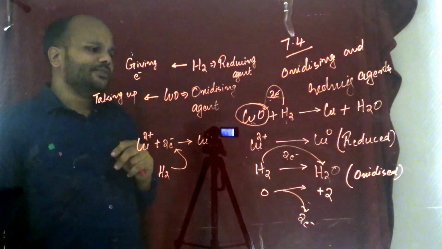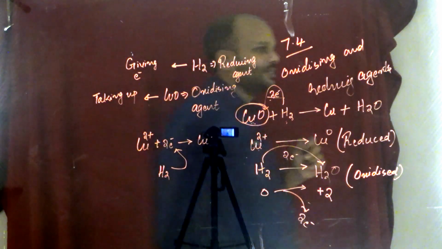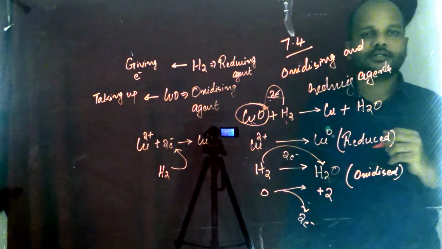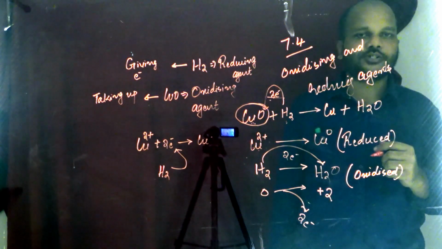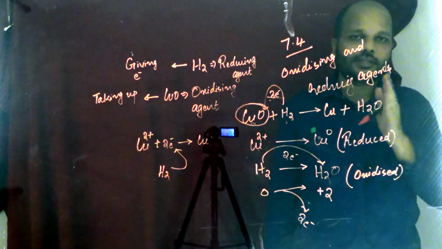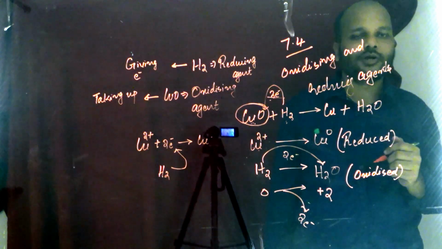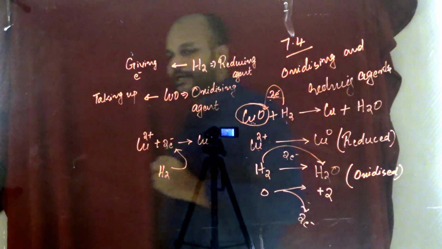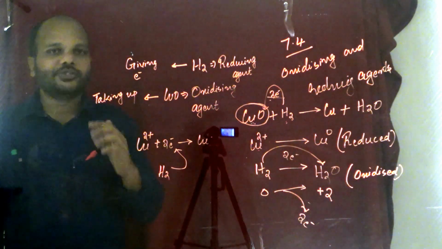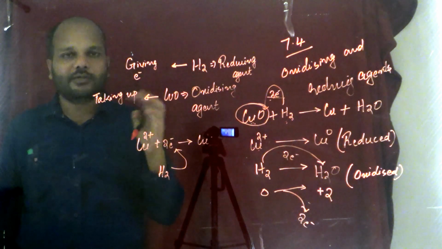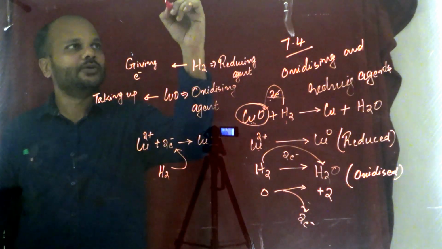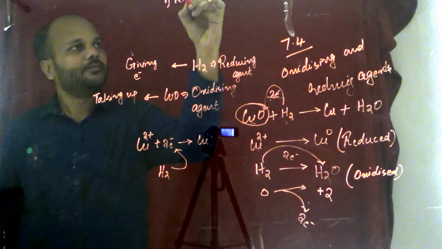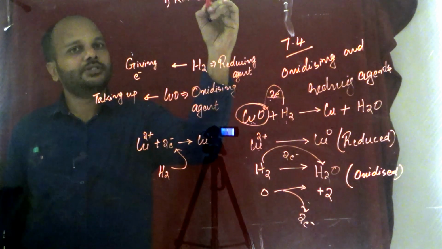These concepts of oxidizing agent and reducing agent help with many reactions in identifying whether a redox reaction has happened or not. We will see one very good set of reducing agents as well as oxidizing agents, here 3 examples. One is KMnO4, potassium permanganate.